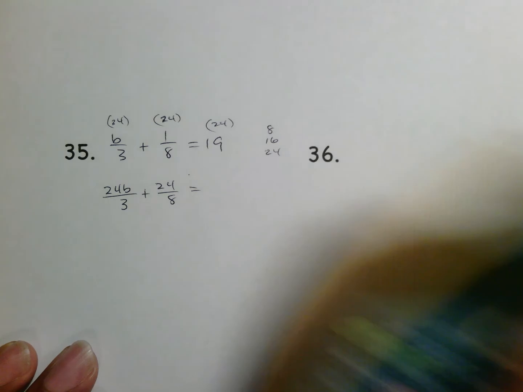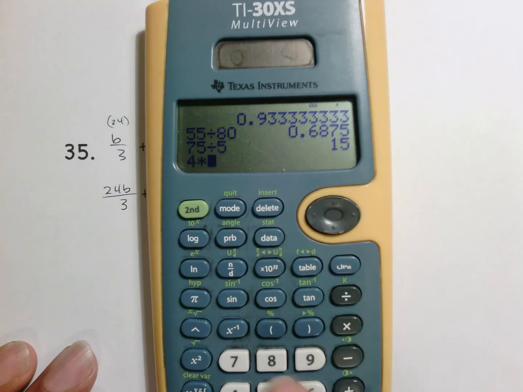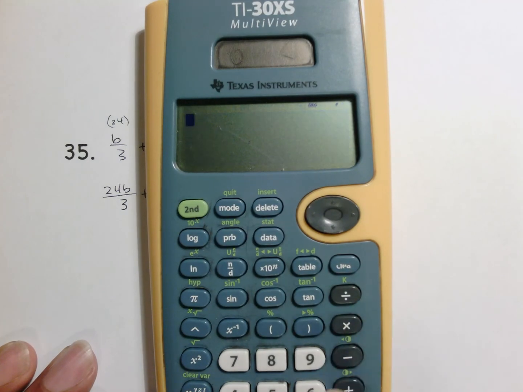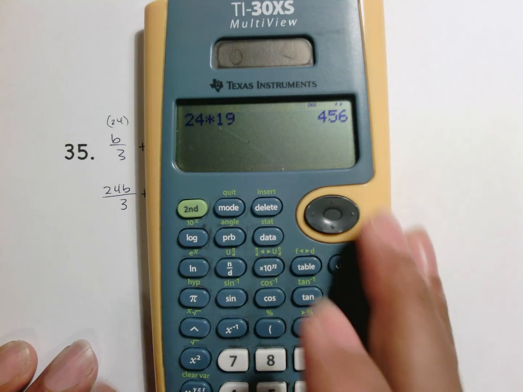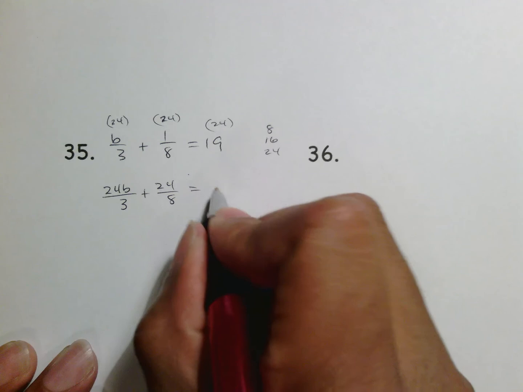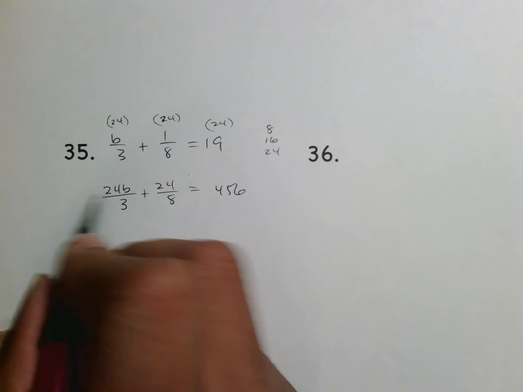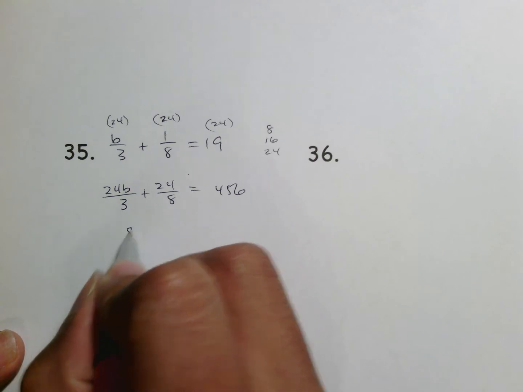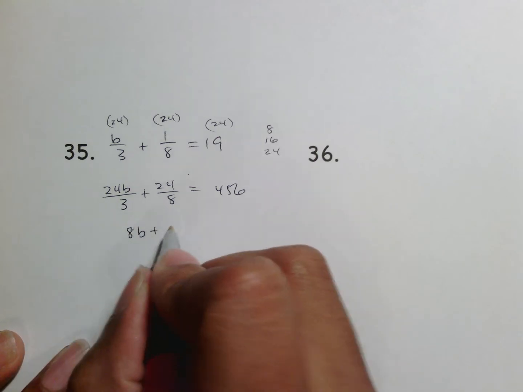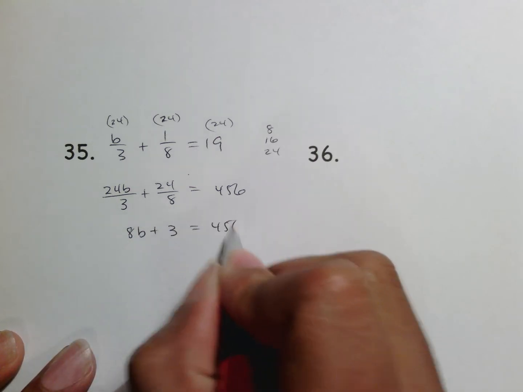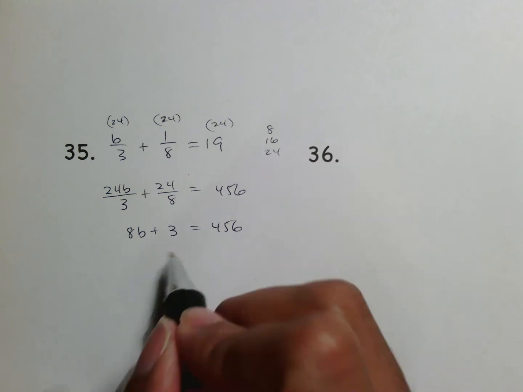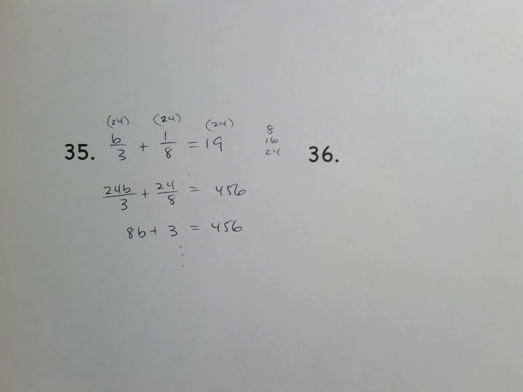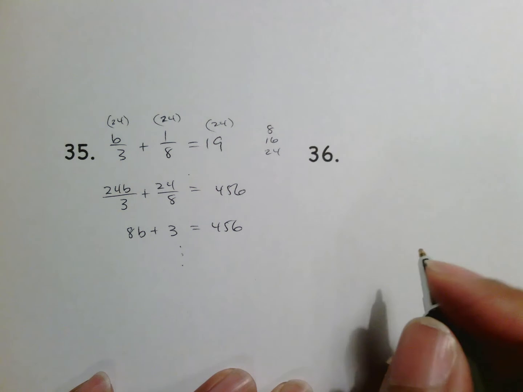We just need our calculators for 24 times 19, which is 456. 24 divided by 3 is 8, so 8b. 24 divided by 8 is 3. 456 is our number. I'm going to use 3 dots because, again, at that point you know how to get from there to the answer. You would subtract 3, divide by 8, and that is something you've been trained to do so far.